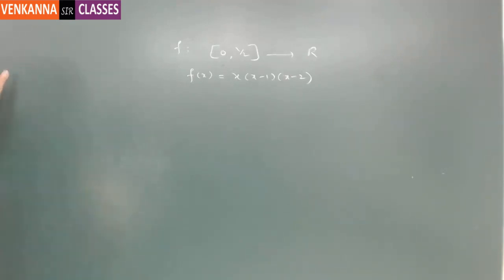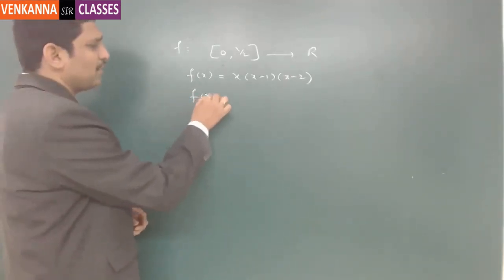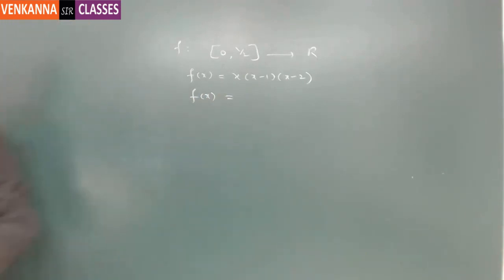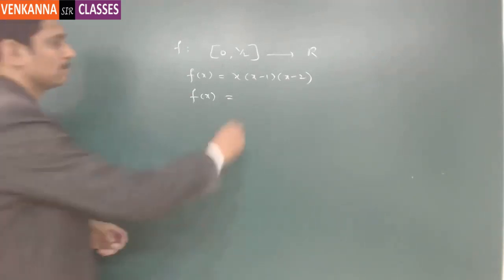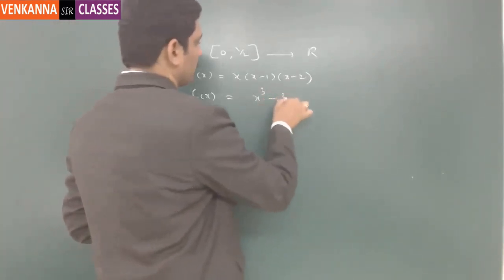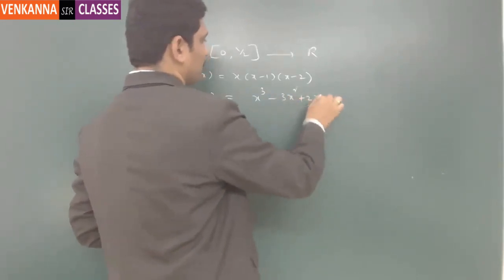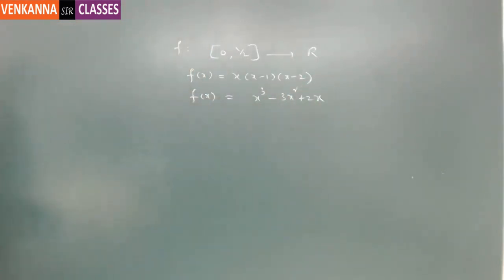So if you simplify f of x, what is the value of it? Can you multiply the product and give me the polynomial? x cube minus 3x square plus 2x.